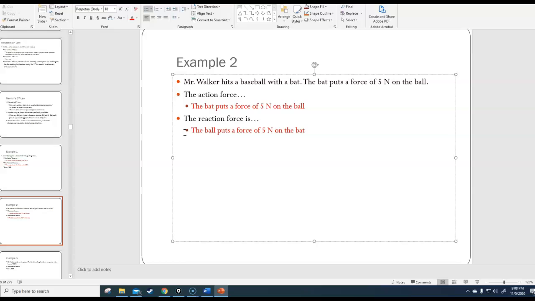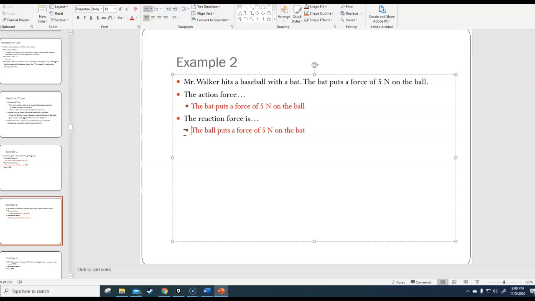And this is one reason, by the way, why you experience what's called recoil. If you ever played baseball, if you hit a ball, you can feel it in your hands that the bat has a tendency to go backwards after it collides with the ball. And the effect of recoil, which you also see anytime you shoot a gun, for example, is also a result of Newton's third law.